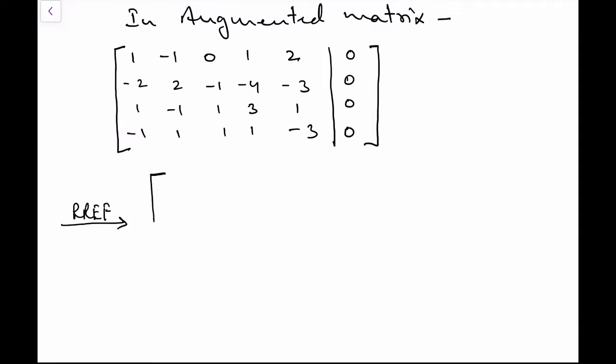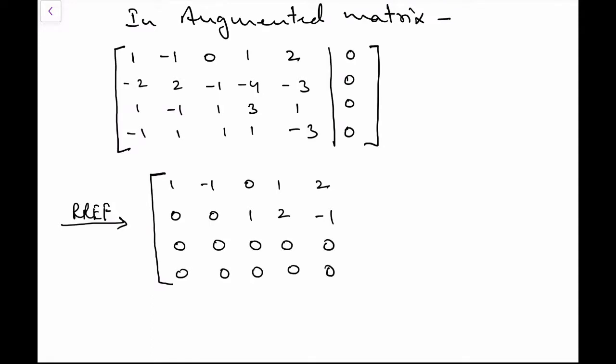In RREF, this will be 1 minus 1 0 1 2, 0 0 1 2 minus 1, 0 0 0 0 0, 0 0 0 0 0, augmented by 0, 0, 0, 0.